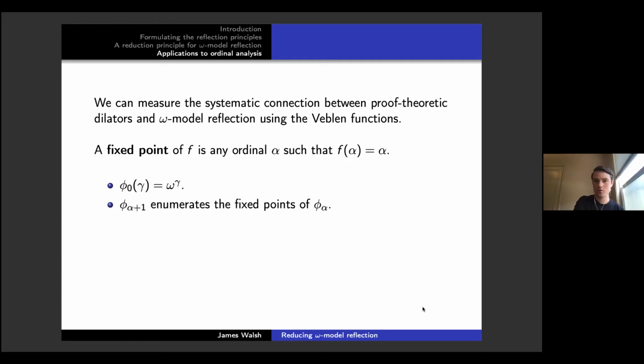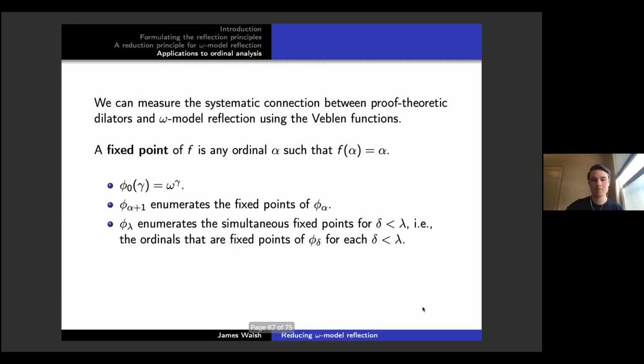Phi sub 2 will then enumerate the fixed points of phi sub 1. So phi sub 2 of 0 is going to be this number, epsilon sub epsilon sub epsilon sub epsilon sub epsilon, all the way down, right? And then at the limit stages, you enumerate simultaneous fixed points of all previous functions.